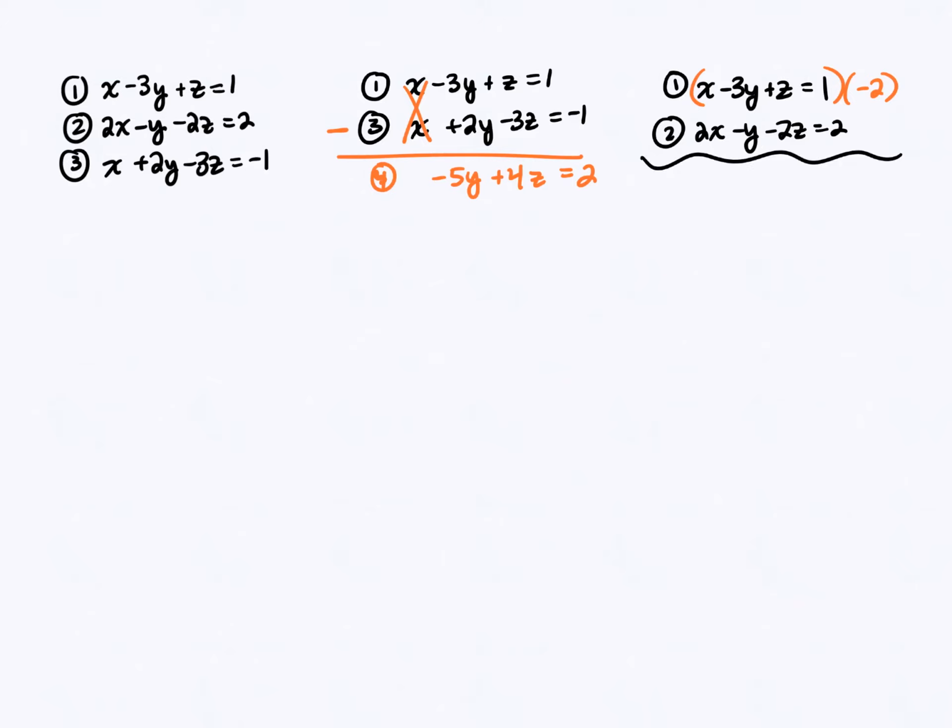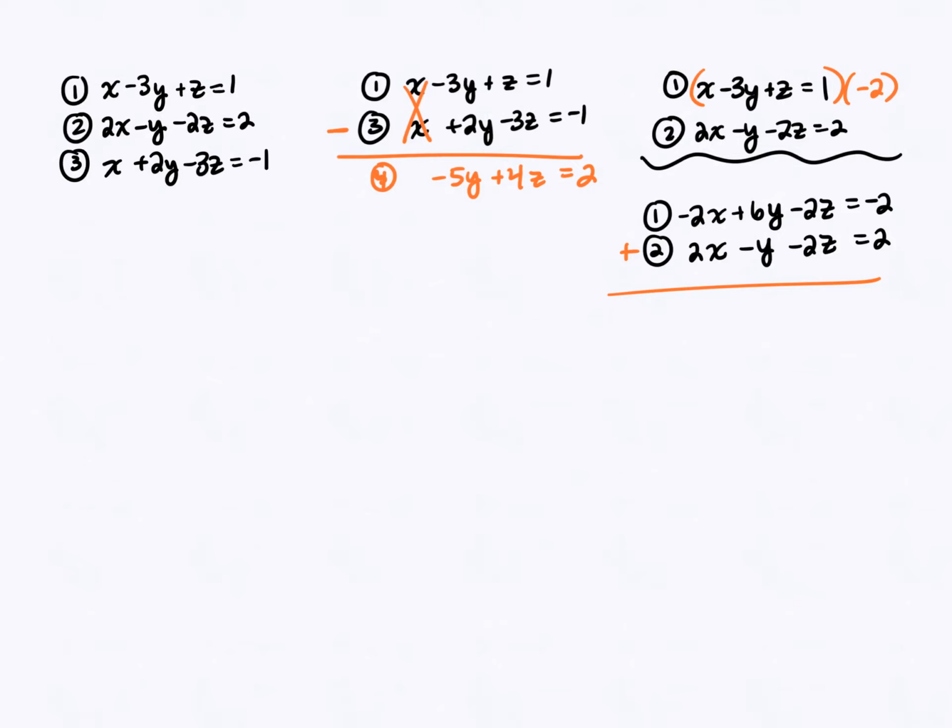Then that gives us equation 1 as -2x plus 6y minus 2z equals -2, and equation 2 as 2x minus y minus 2z equals 2. Then we can add those equations together. When we do so, we get 0x, and then we get 5y minus 4z equals 0. Let's call that equation 5.